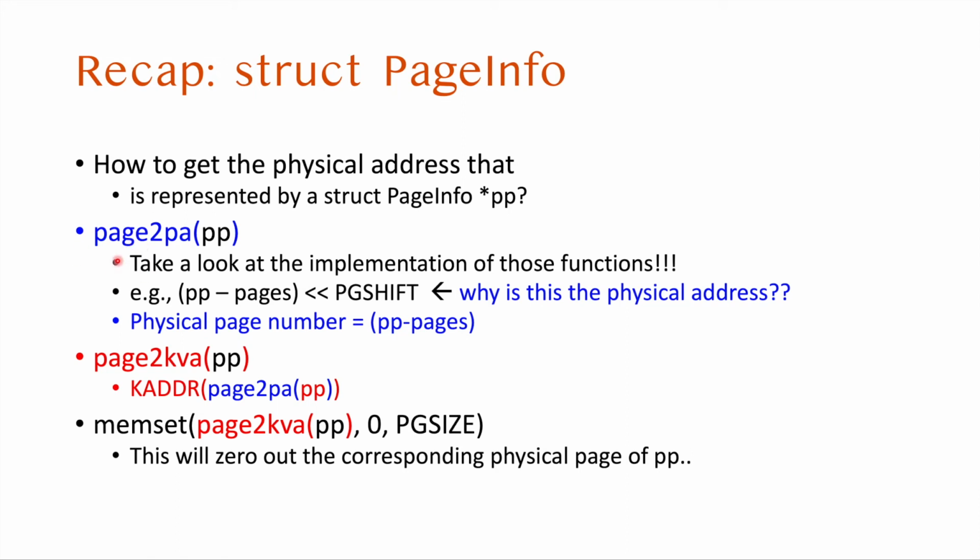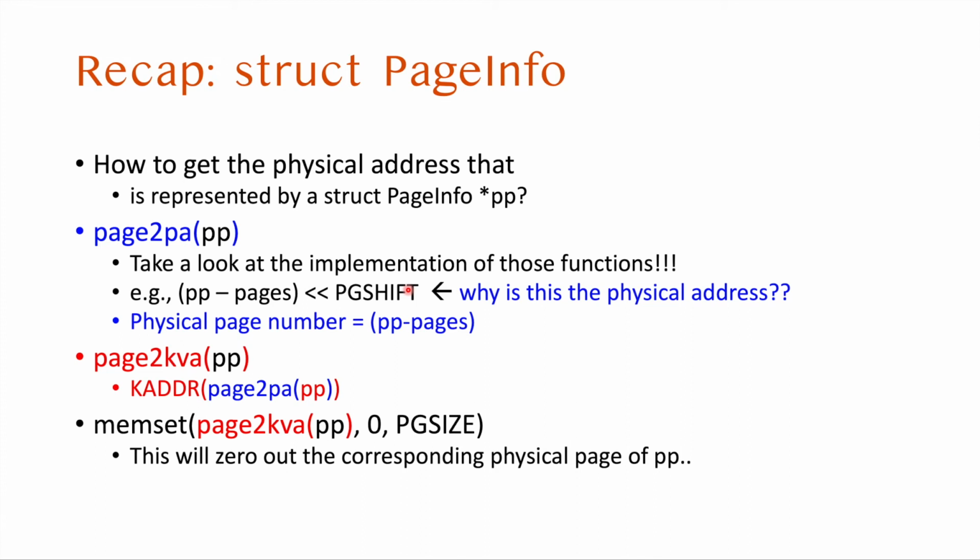If you look at the details of the function, following the control, like at the right bracket when you use C tags, you can take a look at the implementation. What you will see is it does pp minus pages and pg shift.